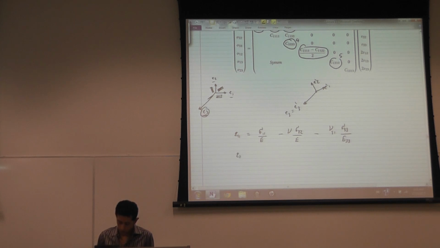Epsilon 2 is equal to negative Poisson's ratio sigma 1 over E plus sigma 2 over E minus Poisson's ratio 3, 2. Oh, sorry, it should be 3, 2, but 3, 1 is equal to 3, 2 because E1 and E2 is a plane of isotropy, so this is mu 3, 1, sigma 3 over E3.